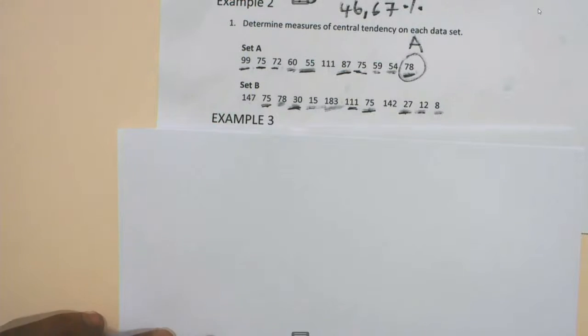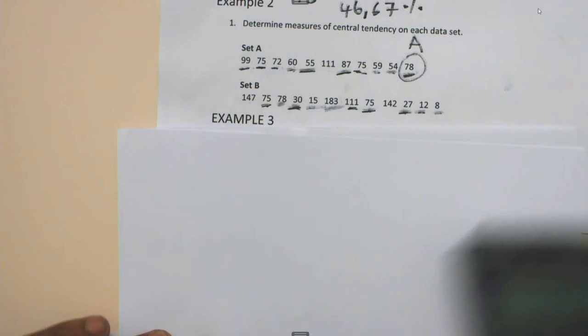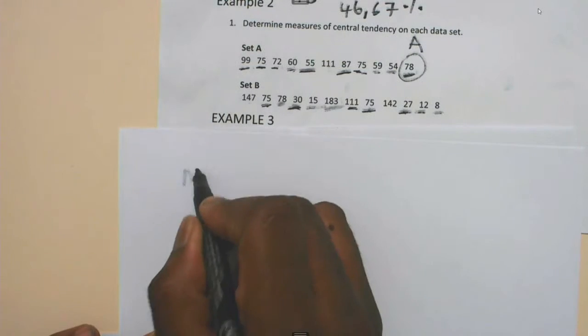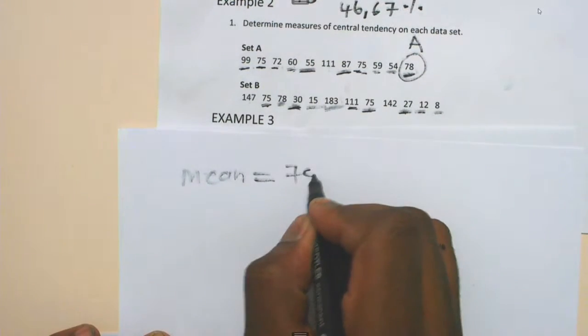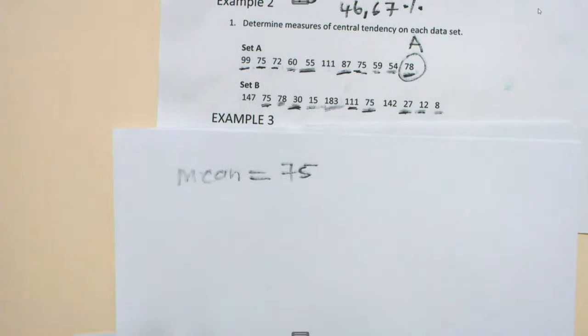Remember that they say you are given the mean. Our mean is given as 75. Now the examiner wants you to calculate the value of A with the mean given.